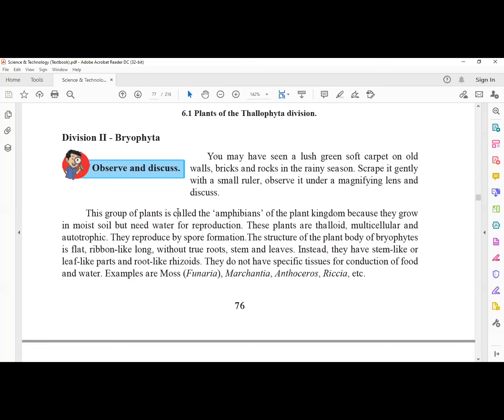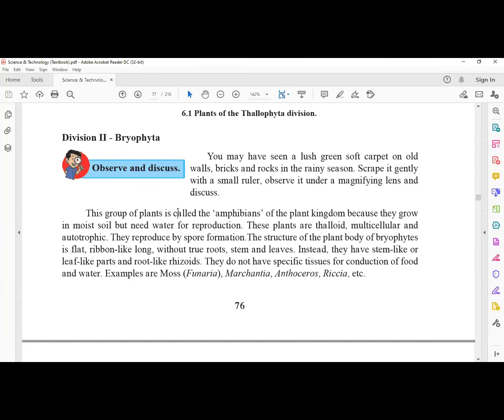Such organisms grow on water and also on the ground surface. These are the amphibians of the plant kingdom because they grow in moist soil but require water for their reproduction, and that's why we call them amphibians.